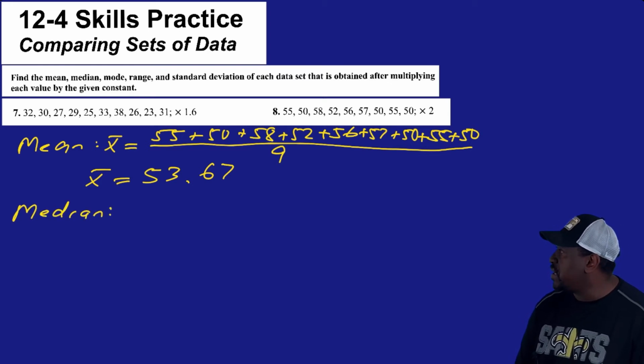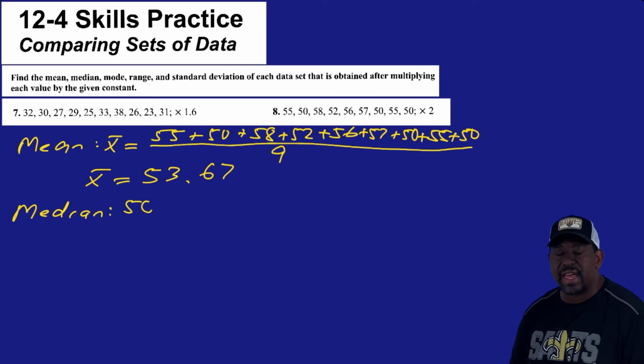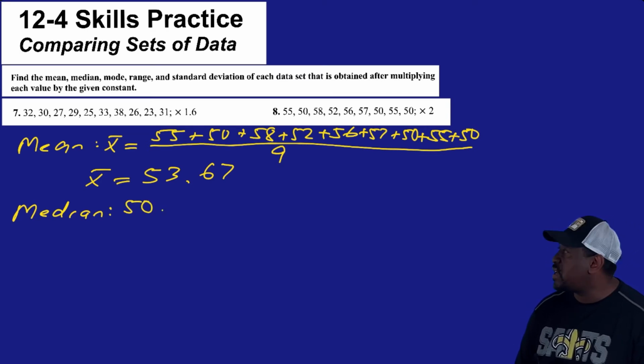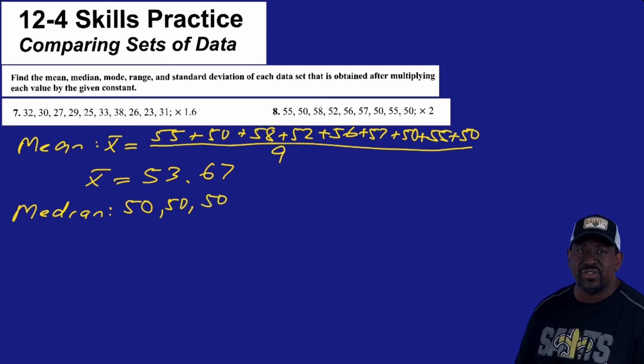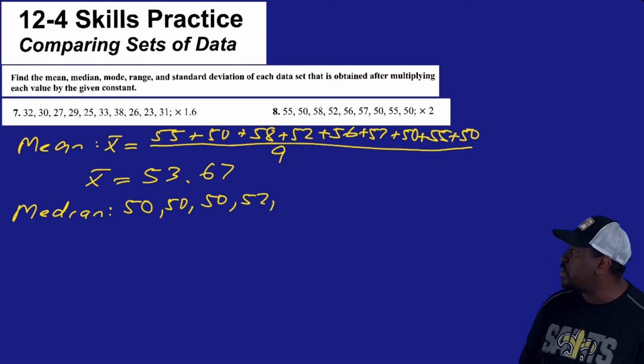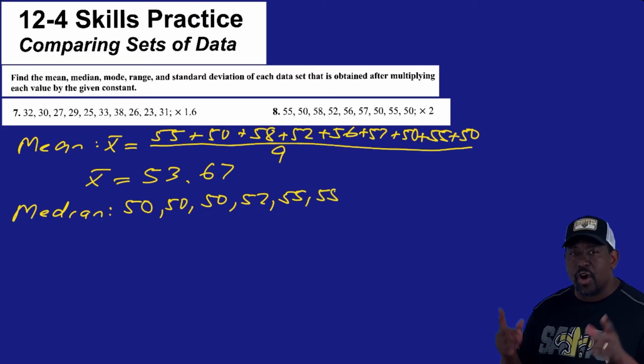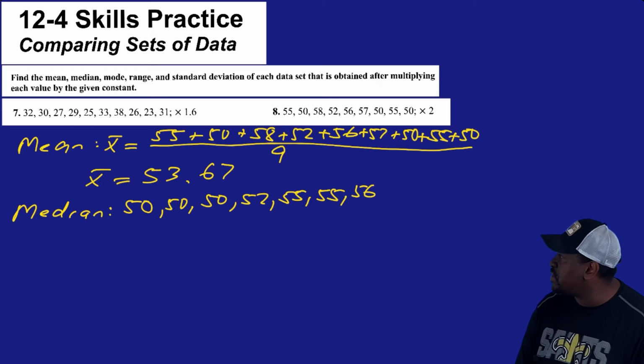The median, again, we're going to list the values from lowest to highest, and we're going to find what's in the middle. Since we have 9 values, an odd number of values, the median is going to be the one term in the middle, which we find by pairing off the ends and working inside till we get to the middle.